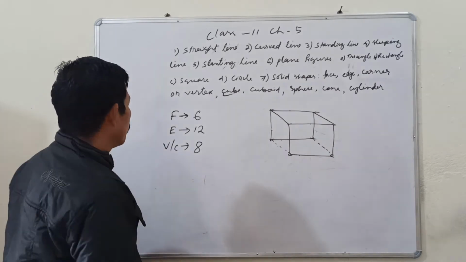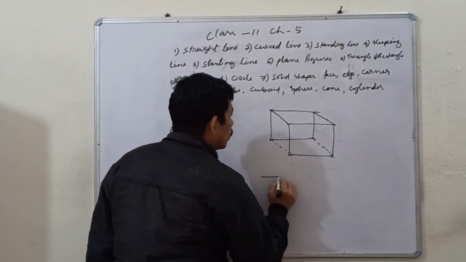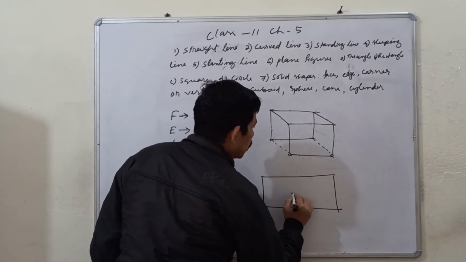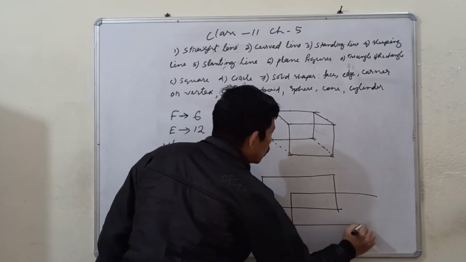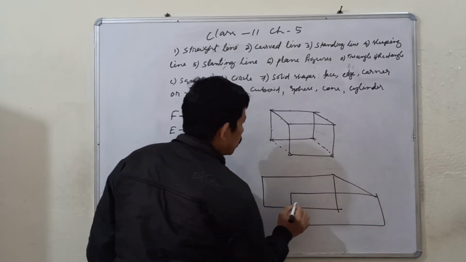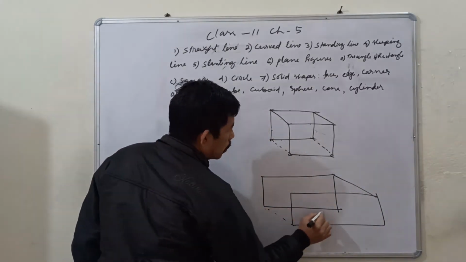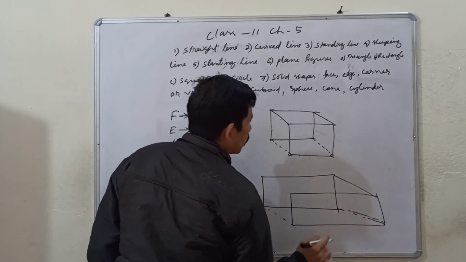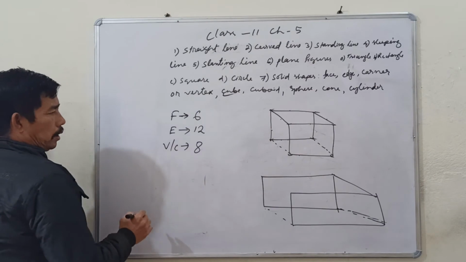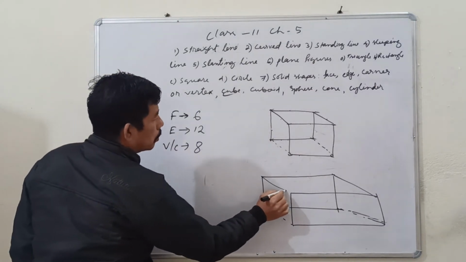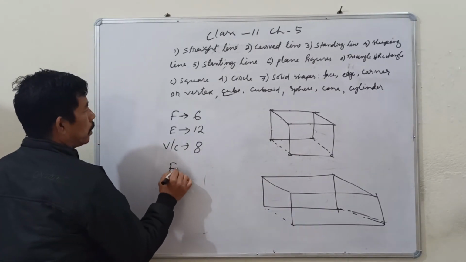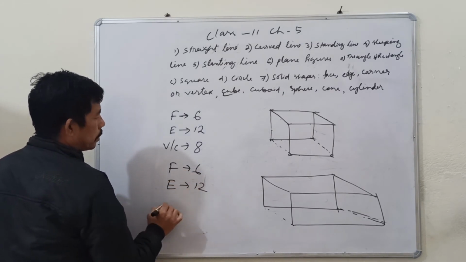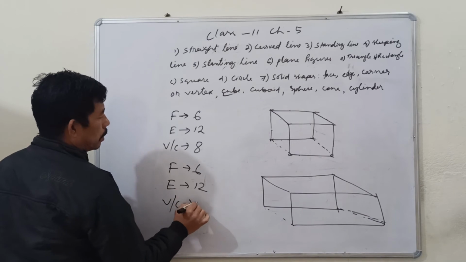Then come to cuboid. In the case of a cuboid also, there are 6 faces and there are 12 edges and there are 8 corners.